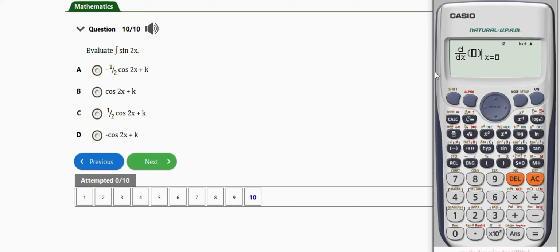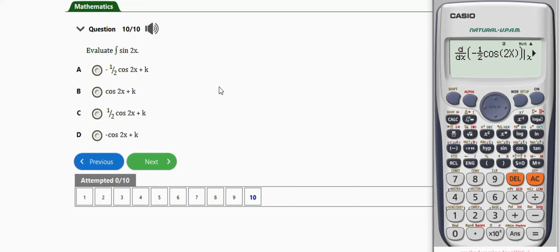We have shift this sign, remember we got minus 0.75, so we have minus, and we use this fraction button, so we have 1 over 2, then we have cos 2x. Ensure the brackets are balanced. We have 2 at the left and 1 on the right. You bring down another one, so it's now balanced, 2 at the right and 2 at the left.